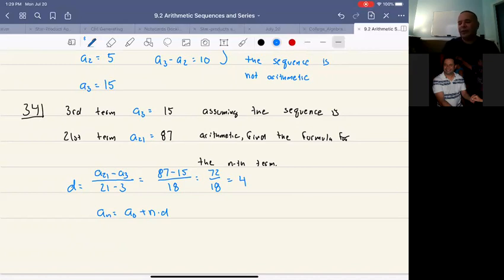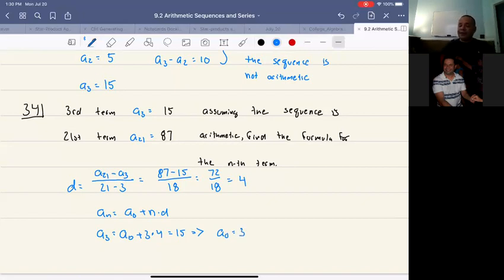So I'm going to take the one that looks easier to deal with, a sub 3 equaling 15. A sub 3 equals a sub 0 plus 3 times 4, but a sub 3 we know equals 15. So doing a little bit of magic, a sub 0 has to equal 3.